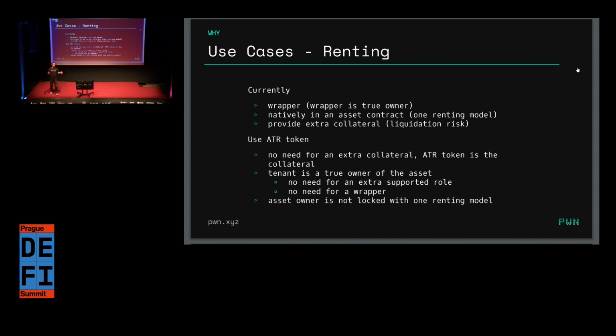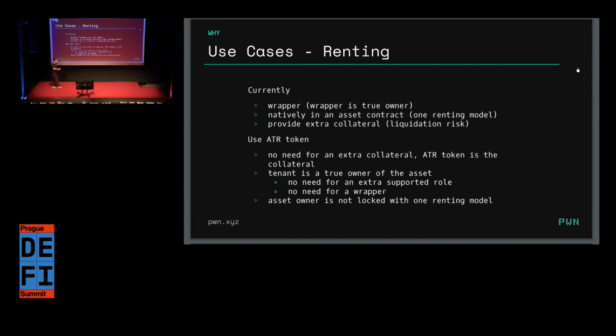The tenant is the true owner of the asset, so he can sign whatever he wants, and as long as the terms are met, whether it's time or installments, the tenant can use the asset. But in case of default, the protocol will transfer the asset back to the original owner. So there is no need for extra collateral. The ATR token is a collateral itself.